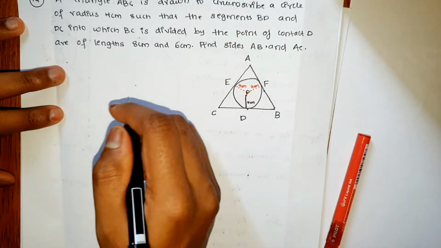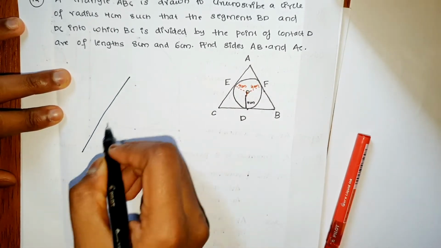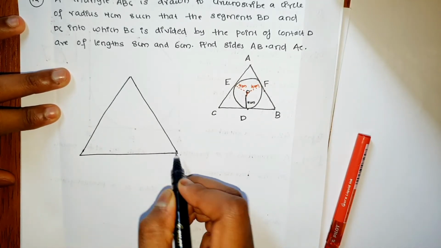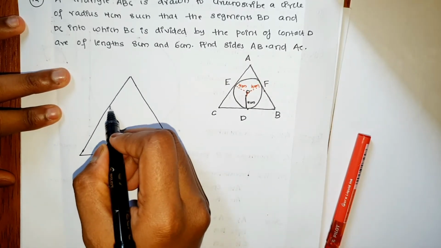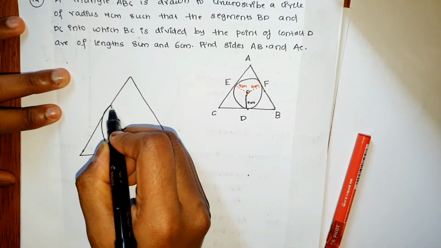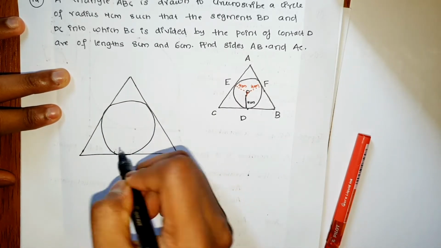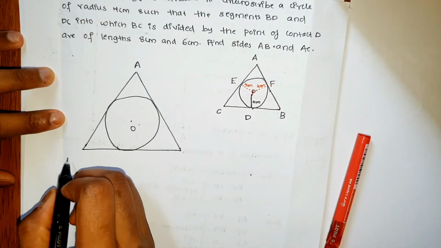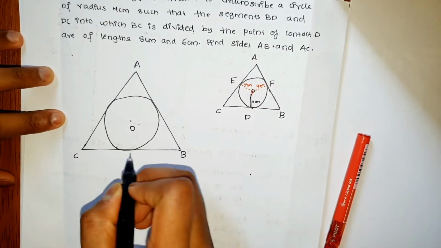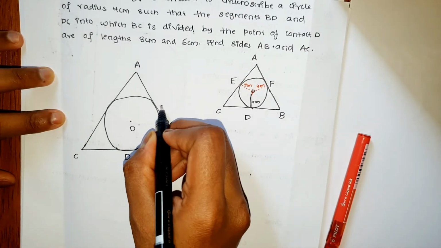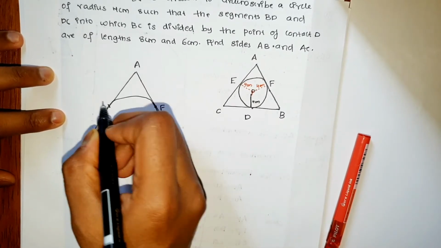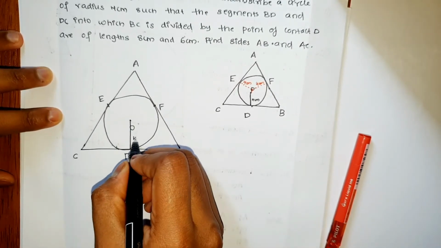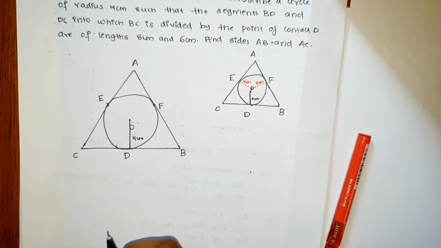I will make this figure a little bigger. Let this be a triangle. And next we can draw a circle, center O, with A, C, B, D, F, E. So this is 4 cm.